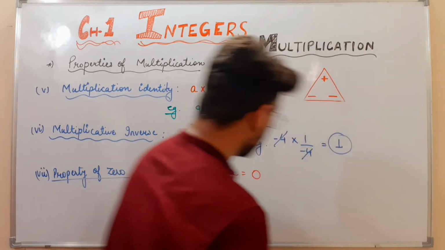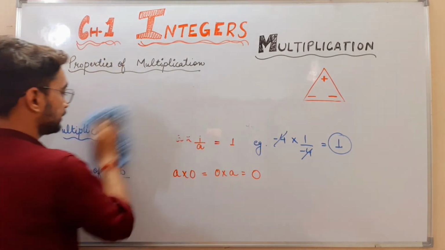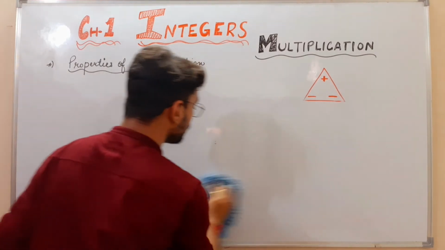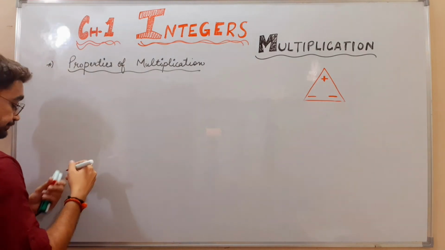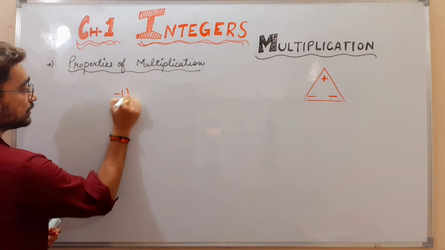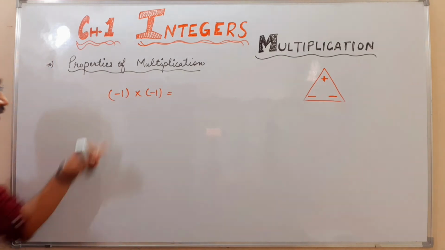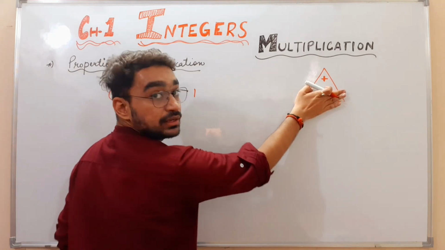Good. Just some more basic property I am going to say, it is not a property, it's actually just a pattern. If I am saying minus 1 into minus 1, it means what? 1 ones are 1. If two numbers are negative, the answer will be positive.